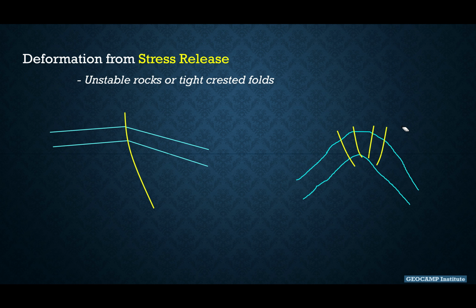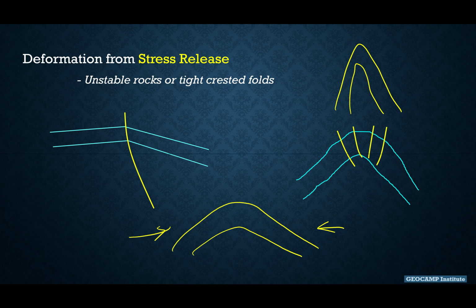In some other case, you could have fracturing or faulting at the crestal part of a fold. Now, if this fold was of low amplitude like this, we wouldn't have this. But because it's gone from a low amplitude fold and maybe by some configuration it became more tightly folded, it creates this much tighter crested anticline.